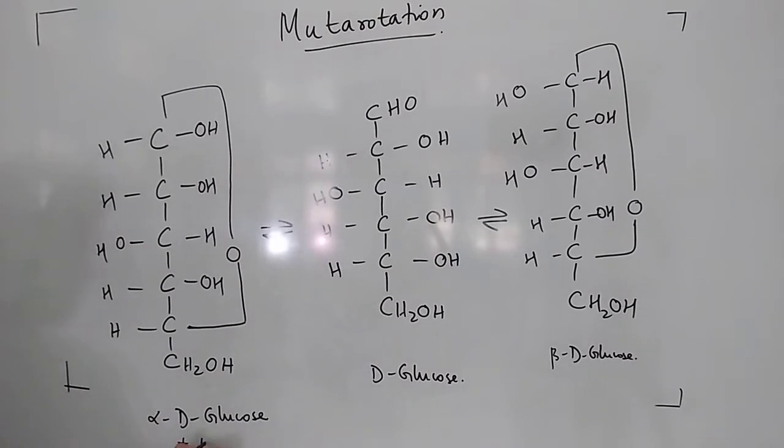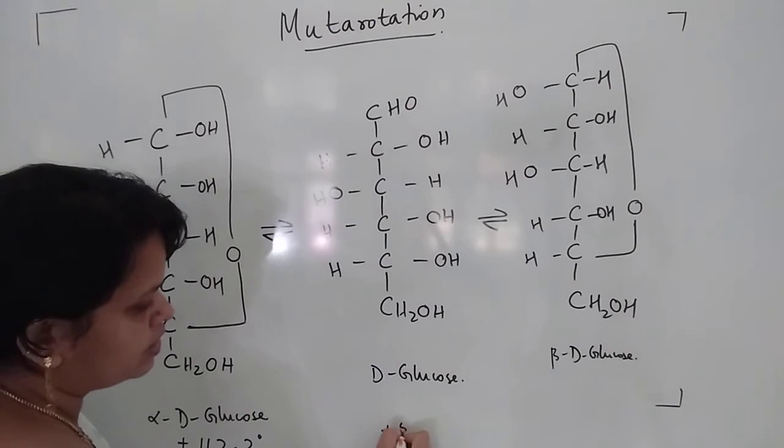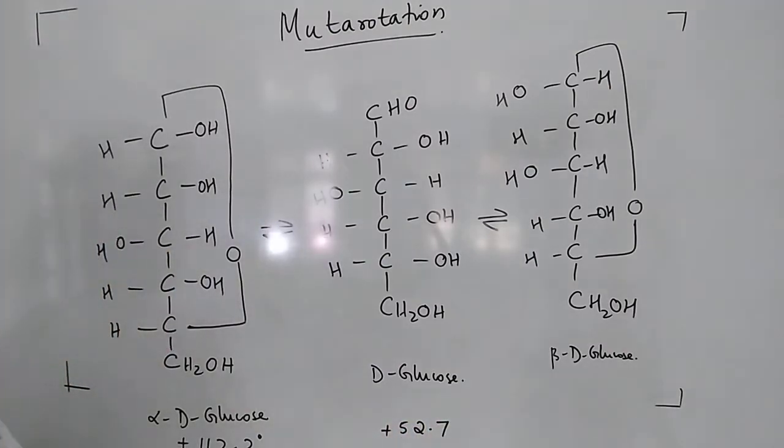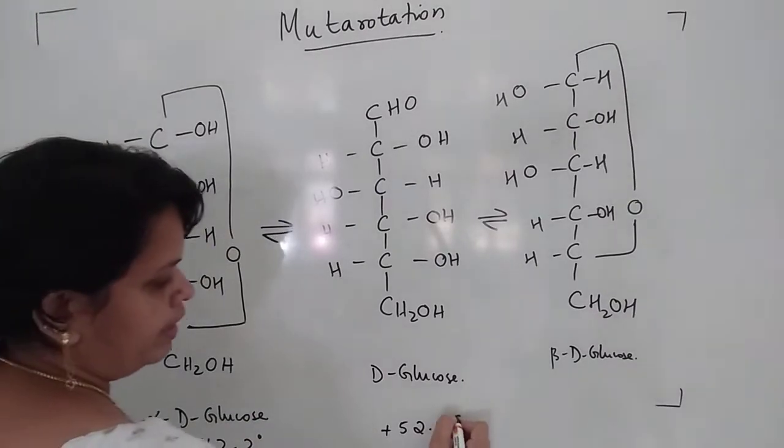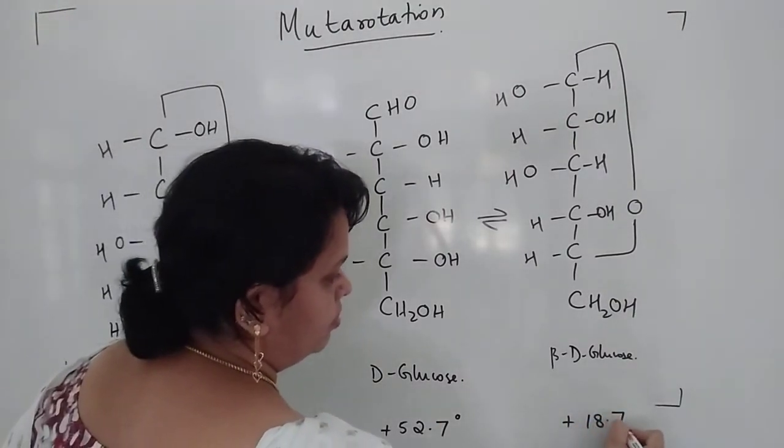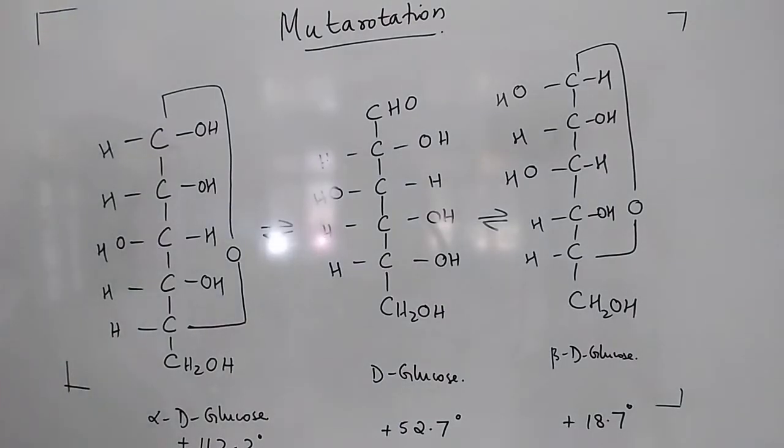Alpha D glucose has a specific rotation of plus 112.2 degrees. The glucose found in nature is dextro-rotatory, and since it is dextro-rotatory, it has a specific rotation of plus 112.2 degrees, whereas the open chain structure will have plus 52.7 degrees, and beta D glucose again has a specific rotation of plus 18.7 degrees.